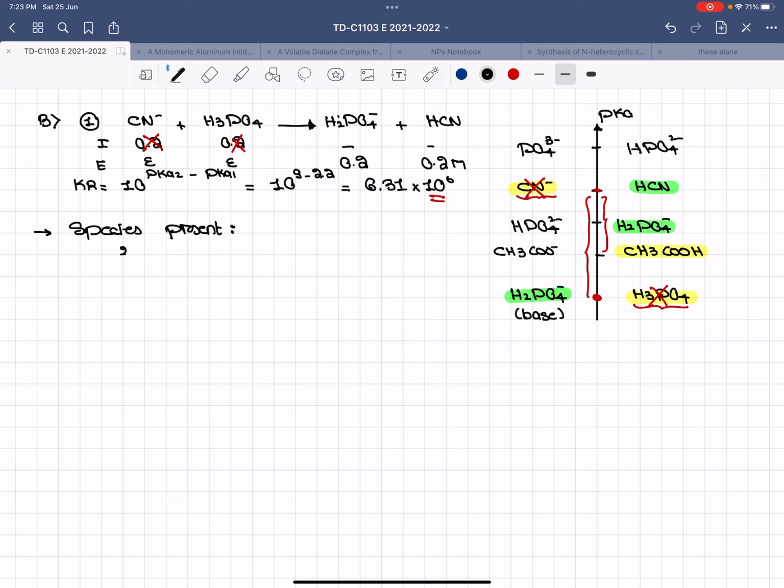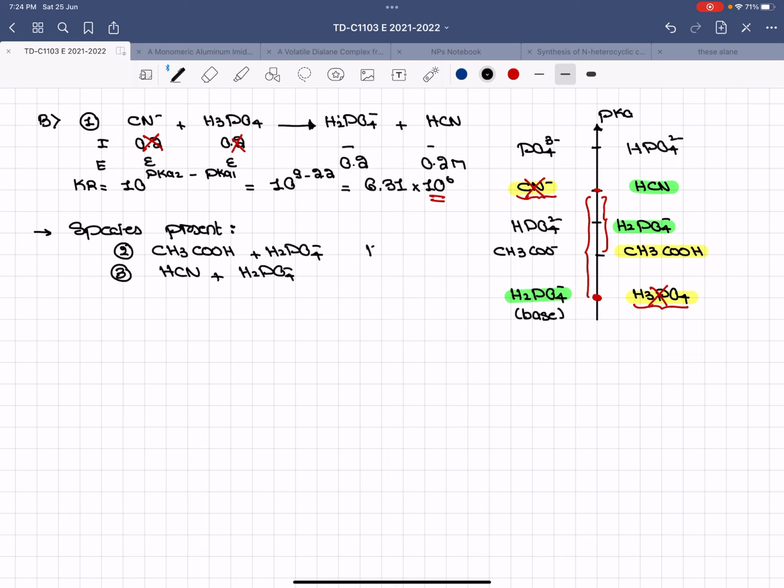Now, the reactions that can take place are CH3COOH with H2PO4 minus, and I know this is an anti-gamma reaction and it will be limited, or HCN plus H2PO4 minus.